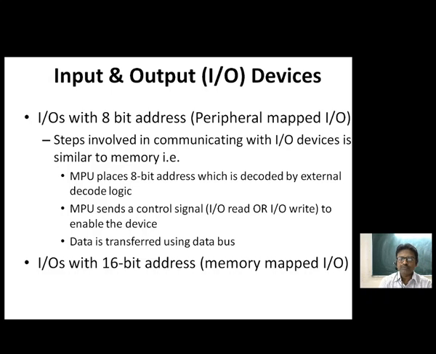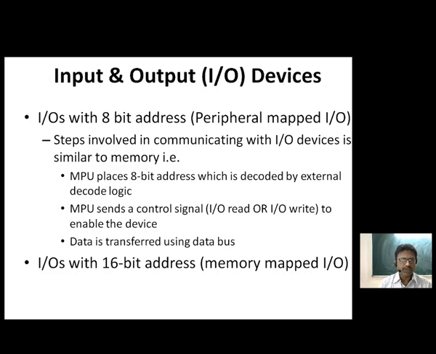As in the case of memory, we assign 16-bit addresses, but in peripheral mapped input output we assign only 8-bit addresses to the input and output devices. The steps involved in communicating with the input output devices are very similar to the memory devices. Individual addresses of the peripheral devices are assigned with the 8-bit address.